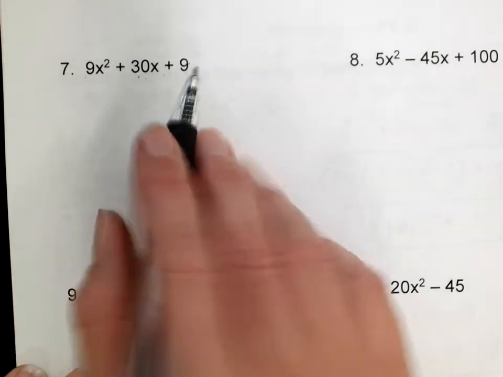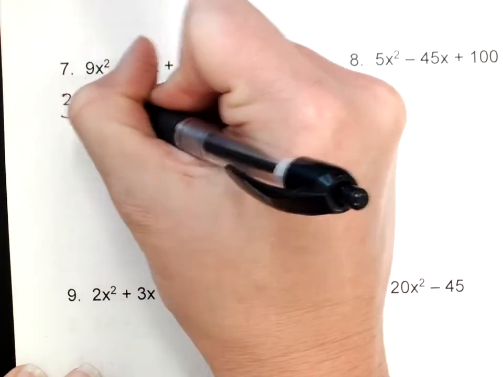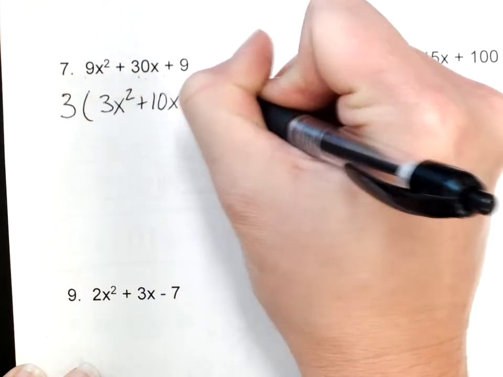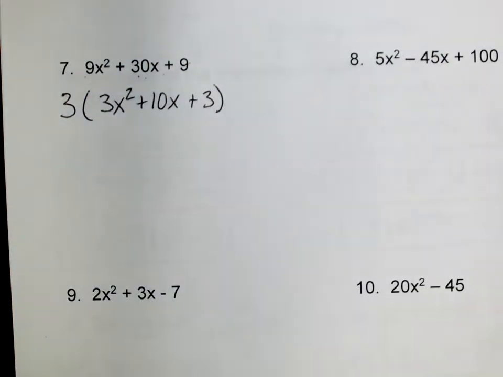This has a greatest common factor of 3. When I pull the 3 out of the equation, our numbers get just a little bit smaller and it's a little bit easier to work with. If you did not pull that greatest common factor out, then you would be close, but you wouldn't actually have all your factors completely factored, if that makes sense at all.